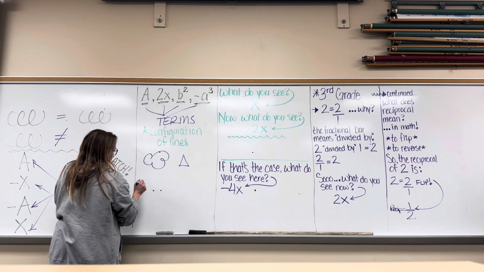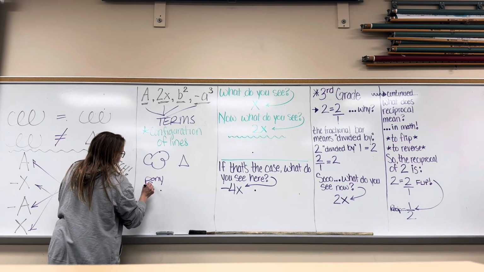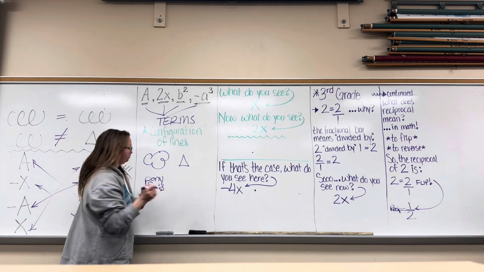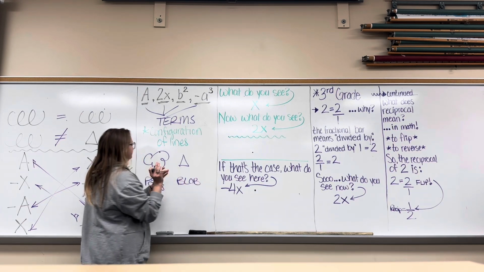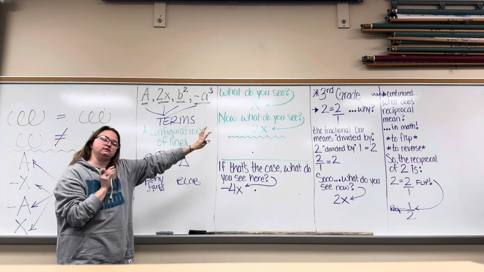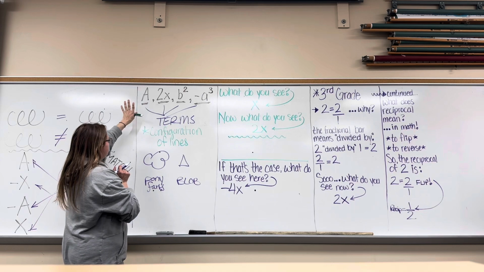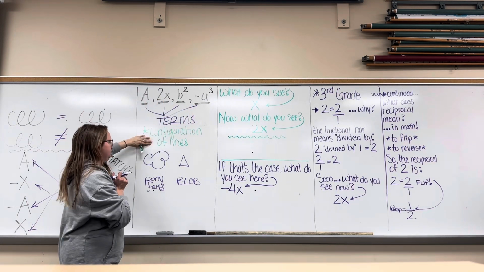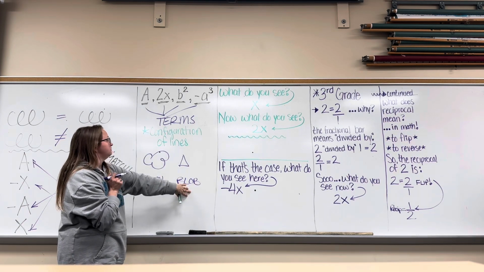It could be pony farts. It could be anything. It could be a blob. It does not matter what it is, okay, for our purposes in this lesson. So we're going to call these things terms. It's a configuration of lines. It doesn't matter what it is.